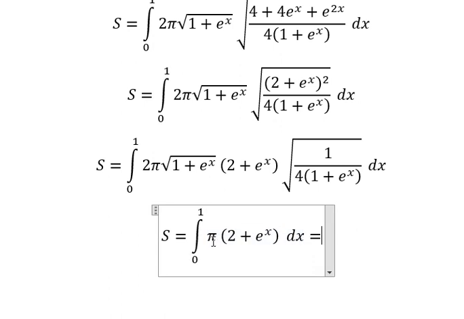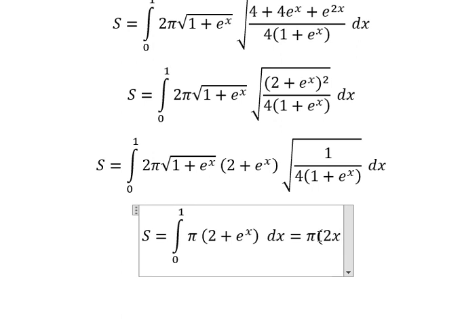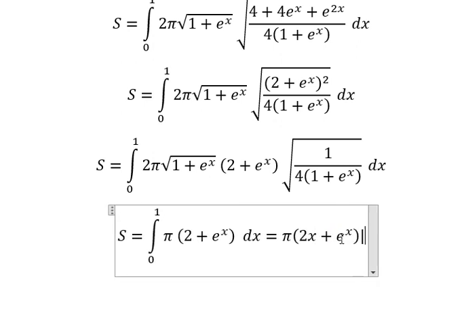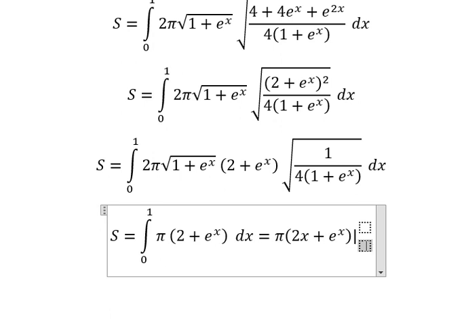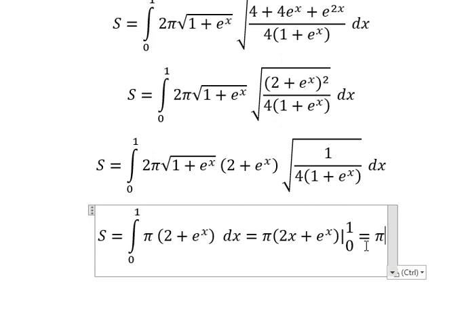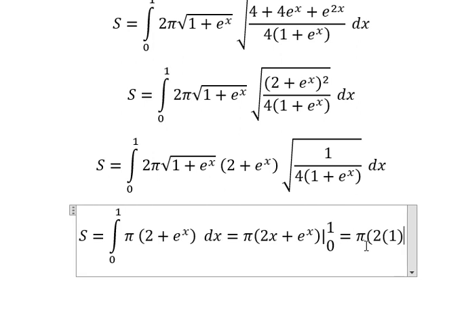The integration of number 2, we have 2x. This one we keep the same. And now we have the final answer.